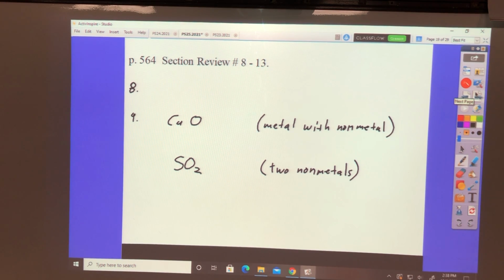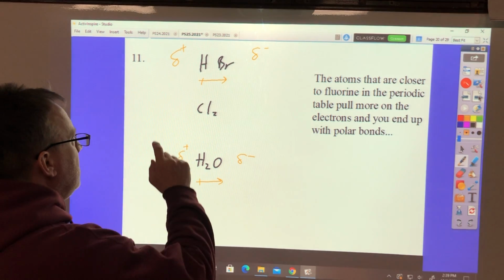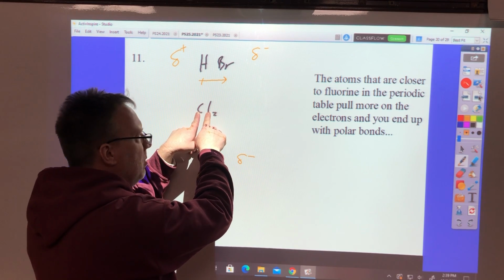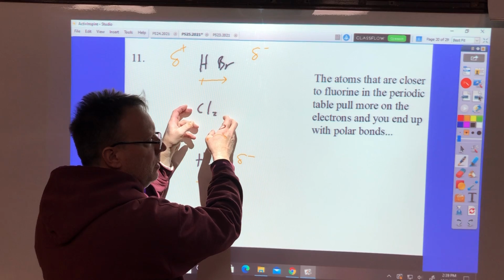Identify the following compounds as polar or non-polar covalent. Okay, HBr is going to be polar, Cl2 is going to be non-polar, H2 is going to be non-polar. Here's how you know. If the atoms are the same, it's non-polar because one isn't stronger than the other.